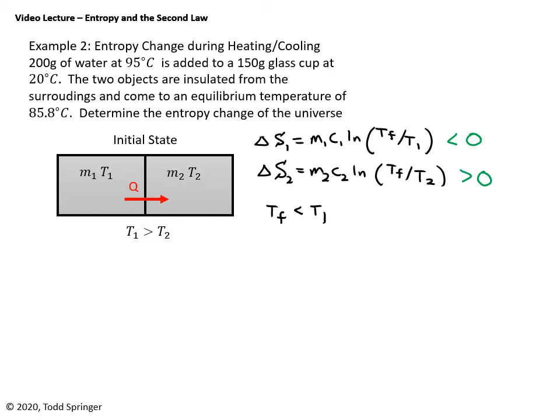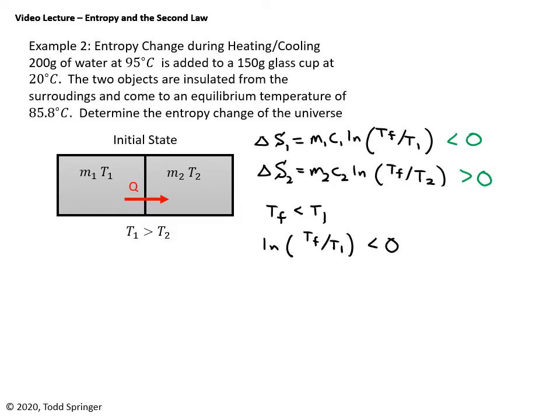So that means that the natural log of Tf over T1 is going to be less than 0, because the natural log of a number which is below 1 is going to be negative. And then you can go through the same argument for object 2. Tf is bigger than T2, so the term inside of the natural log here is bigger than 1, and so you end up with a positive number.